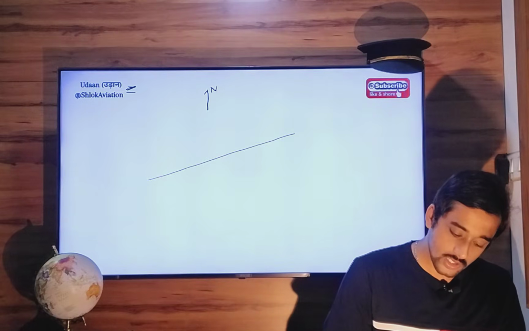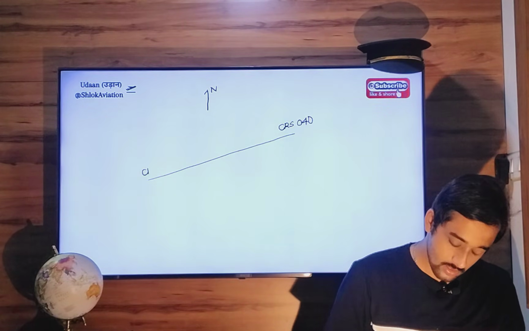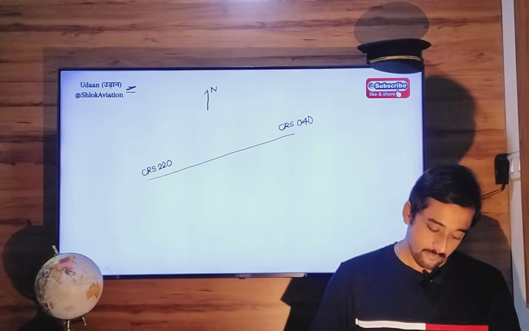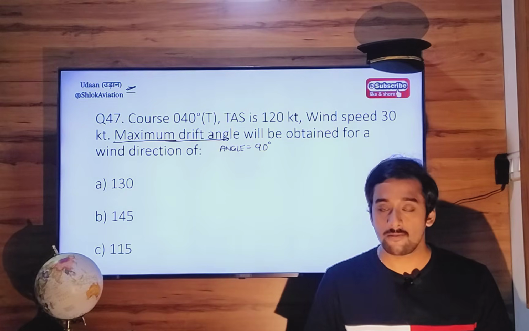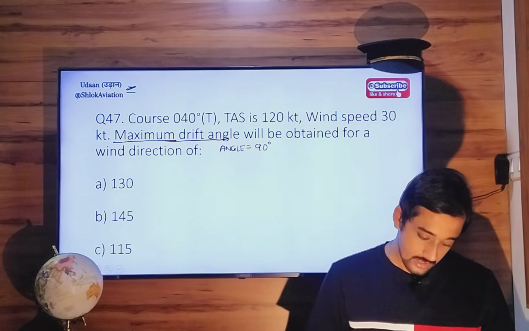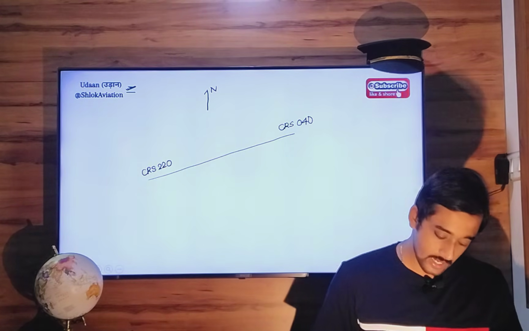Course is 040. With a course of 040, maximum drift angle will be obtained from a wind direction coming perpendicular to the track. So 040 plus 90 is equal to 130.